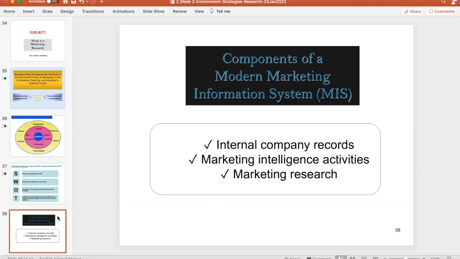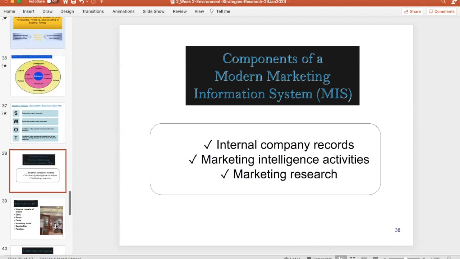Maybe they find that they sell more of a specific color of shirt in different seasons to different locations, and therefore that gives the company some understanding of the market. That's called internal company analysis. Then you have marketing intelligence, and then you have marketing research.